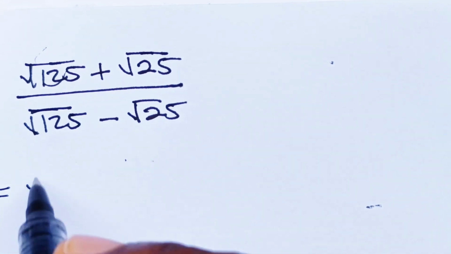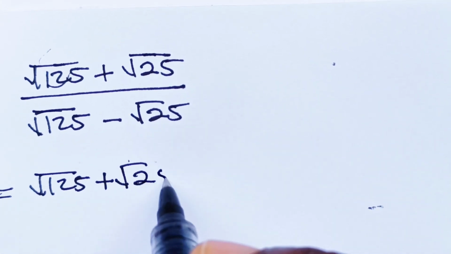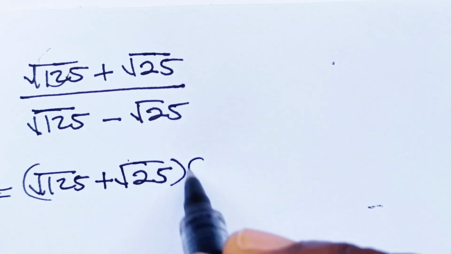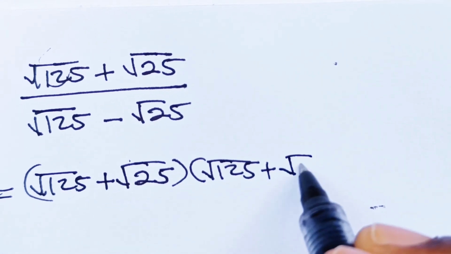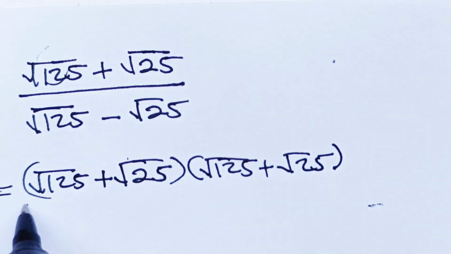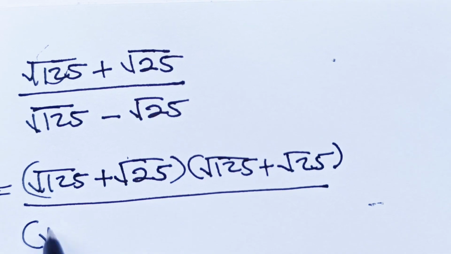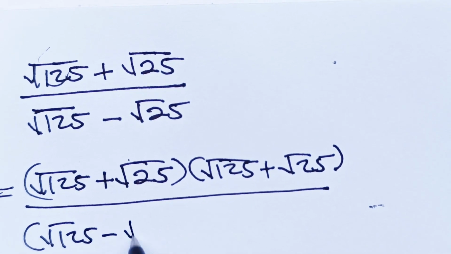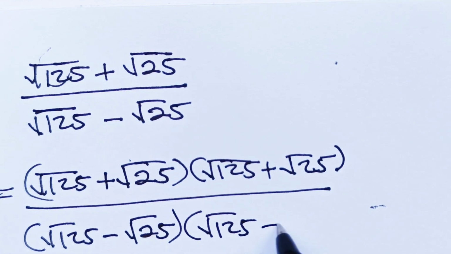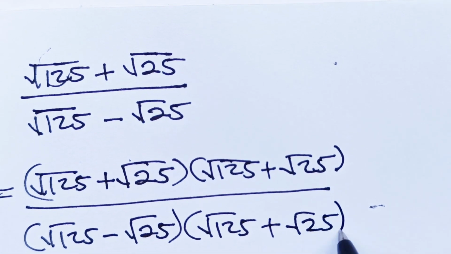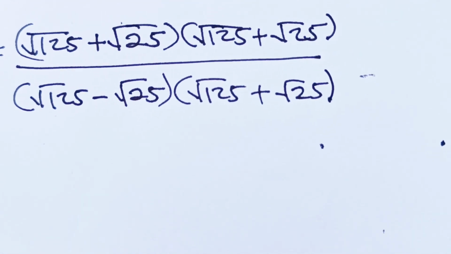So this is equal to root 125 plus root 25, multiplied by root 125 plus root 25, now divided by root 125 minus root 25 multiplied by root 125 plus root 25. Now we are going to use algebra identity for this.